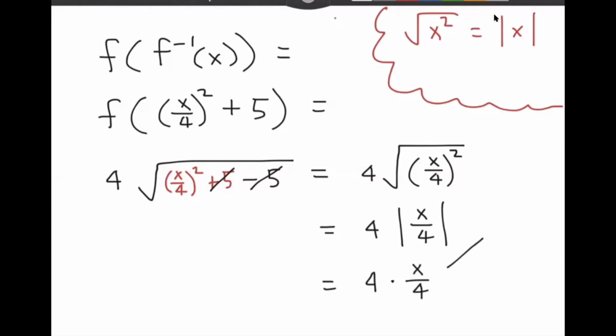And again, that's because x is greater than or equal to 0. And that's how we get our x that we're supposed to get. Woohoo! All right, so everything checks out with that example. All right, so back to the presentation.